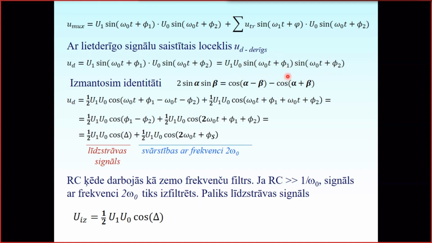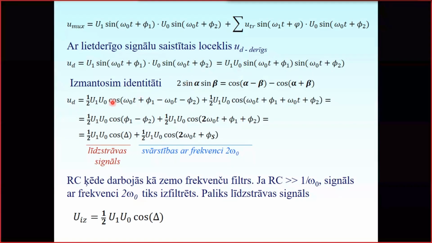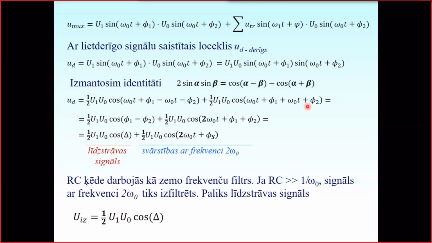I actually use this identity, and it will be equal to one half U1 U0 times the cosine of the difference plus one half U1 U0 times the cosine of the sum.